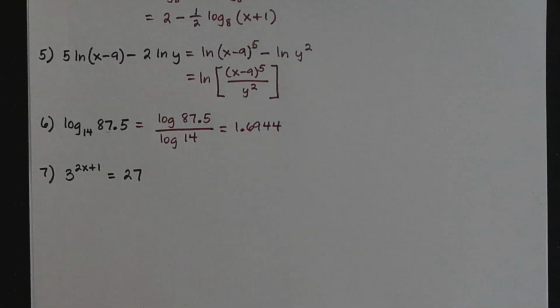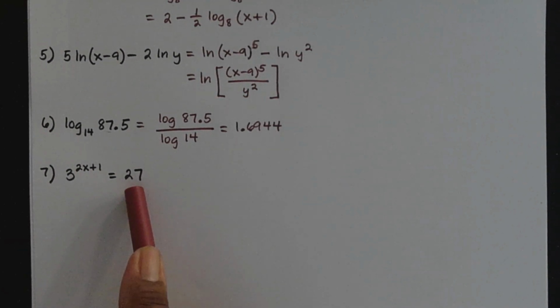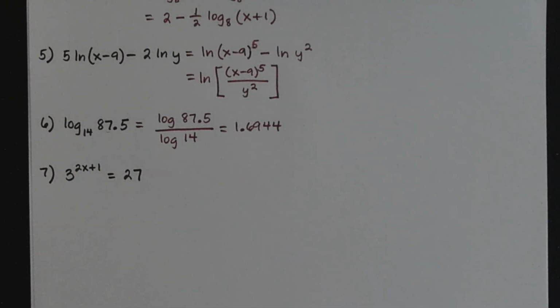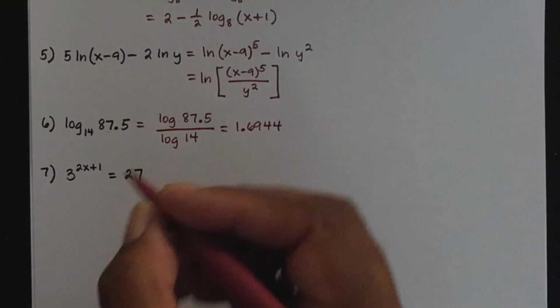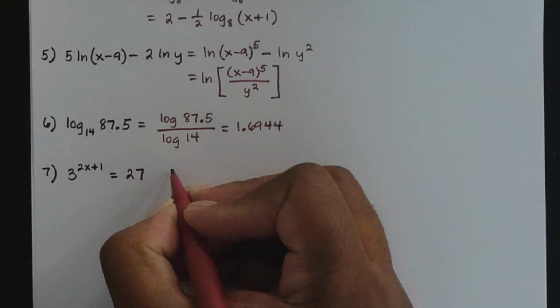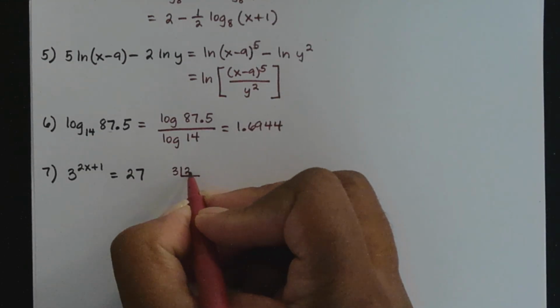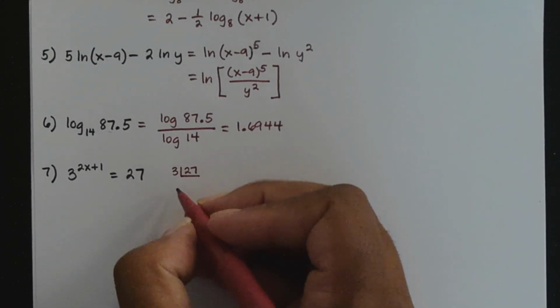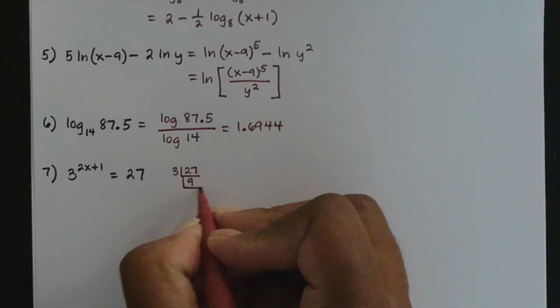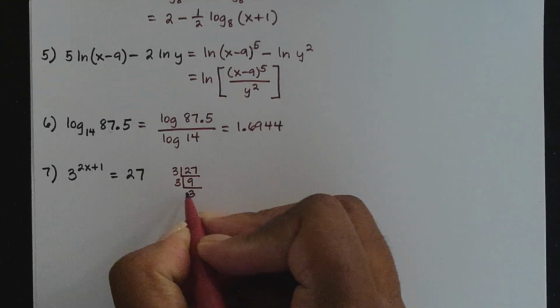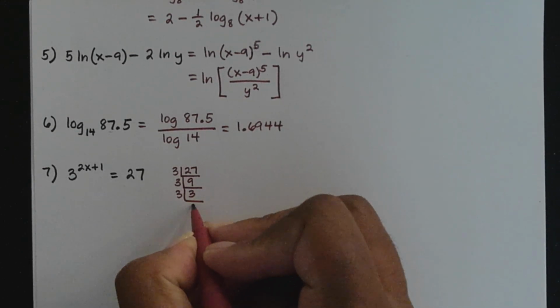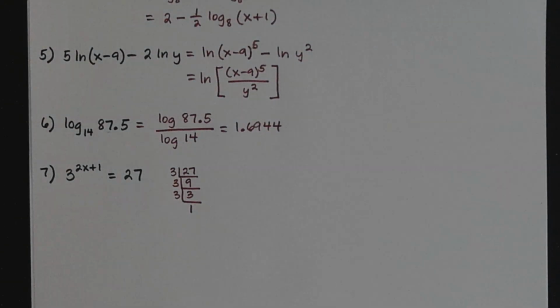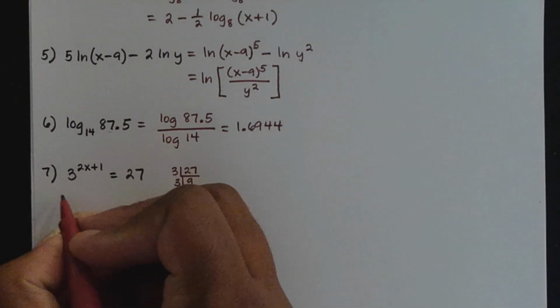All right, let's see what we got here. We already got the 3 simplified. That 27 is a multiple of 3, so it would probably be best to write 27 with a base of 3. So here you can just pretty much divide 3 into 27. That's going to go 9 times. 3 goes into 9 3 times. 3 goes into itself 1 time. Now, how many factors of 3 do I have here? 3. So I can write 27 as 3 to the 3rd power.